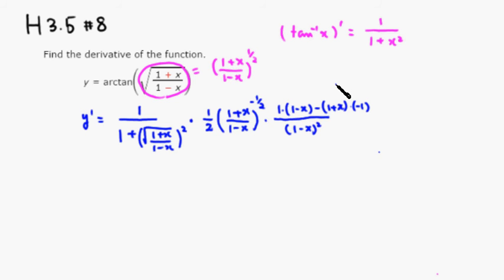Right, so we need to clean it up a little bit. If you square that, you can see that the square and the square root basically cancel out. So we get this 1 over 1 plus x over 1 minus x, then we multiply by 1/2.